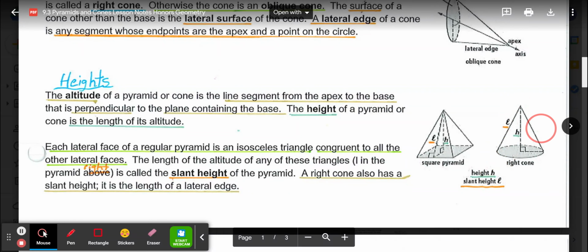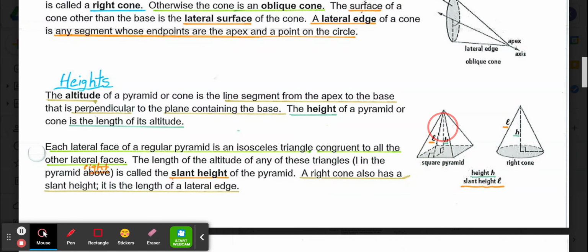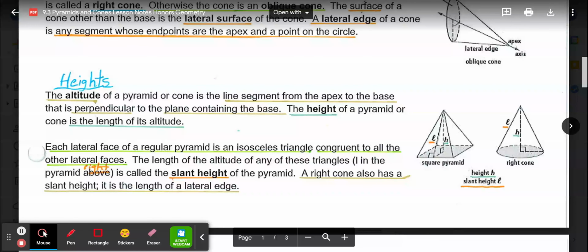So either lateral edge of a cone is the slant height. Of a pyramid, it's the length of the altitude of any of those faces that are the isosceles triangles. So from the apex down here to that edge is going to create our altitude.